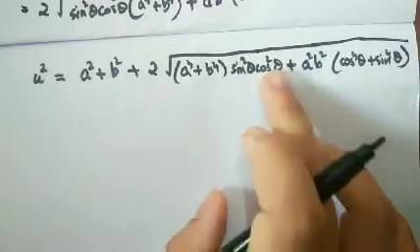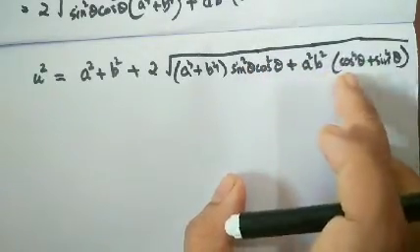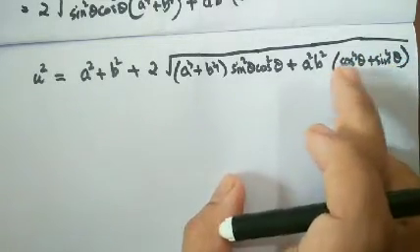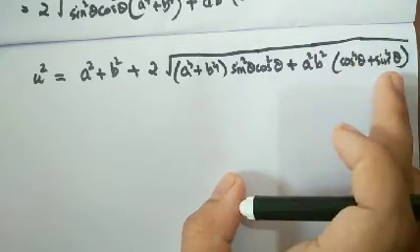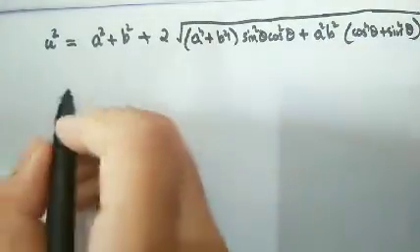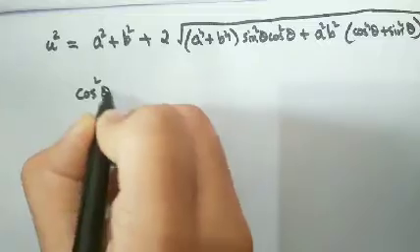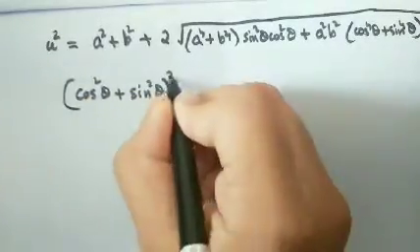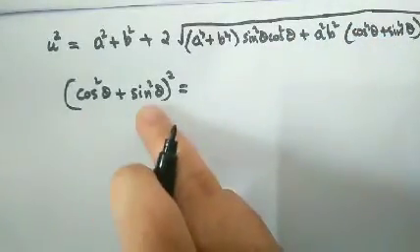Here sin square theta cos square theta is remaining, and I can see cos raised to 4 theta and sin raised to 4 theta. Cos raised to 4 theta means cos square theta all square, and this is sin square theta all square. So I can get this in simplified form: if I find cos square theta plus sin square theta all square, I get an expression from its expansion.